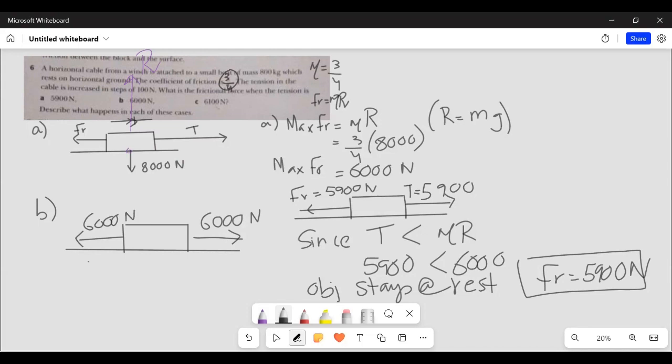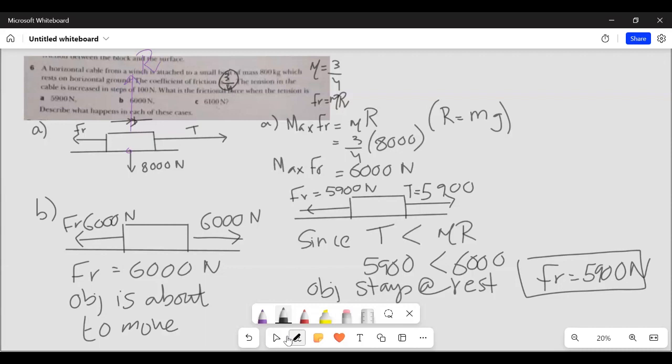So now in part B, the friction is also equal to 6,000 newtons because it's allowed to take that value. 6,000 तक friction जा सकती है. तो अगर आपने 6,000 न्यूटन की फोर्स अप्लाई की है तो फ्रिक्शन भी 6,000 न्यूटन की हो जाएगी. ऑब्जेक्ट इज स्टिल एट रेस्ट बट इट इज अबाउट टू मूव. थोड़ी सी भी अगर आपने 0.1 न्यूटन फोर्स भी बढ़ा दी तो अब ऑब्जेक्ट मूव कर लेगा, क्योंकि फ्रिक्शन 6,000 से ज्यादा नहीं हो सकता. Object is about to move.